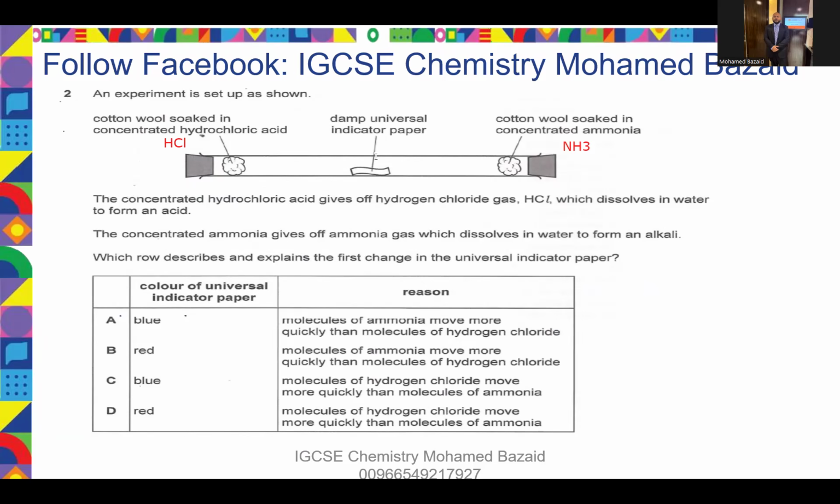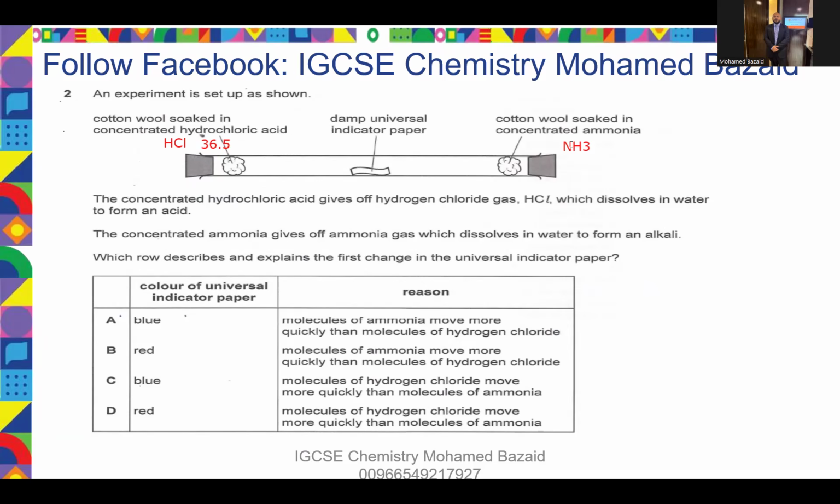You have universal indicator paper in the middle of the glass tube. So let's see. For HCl, hydrogen is 1 and chlorine is 35.5, so the sum is 36.5. This is the relative molecular mass of HCl.